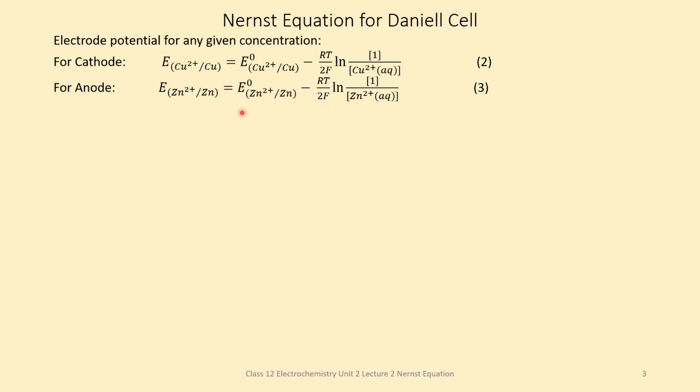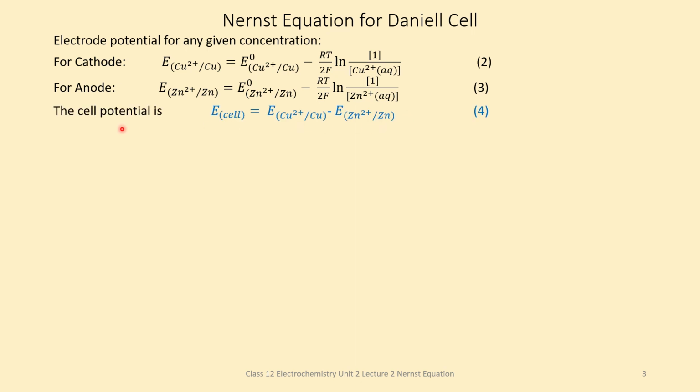Therefore, for the anode, the Nernst equation is given by E of electrode potential Zn2+/Zn equals E naught Zn2+/Zn minus RT over 2F log to base e 1 over Zn2+ aqueous. Let it be equation 3.